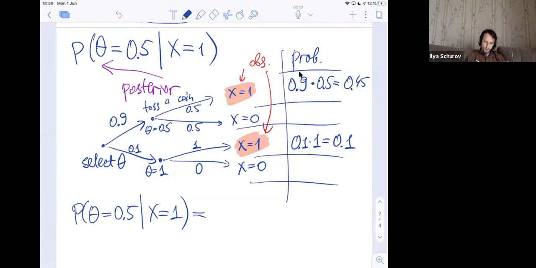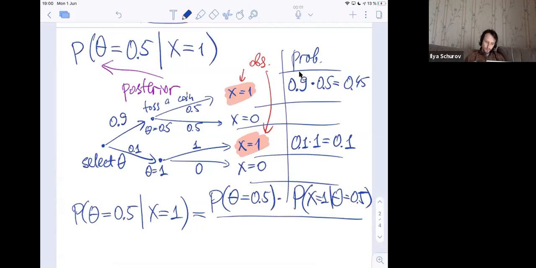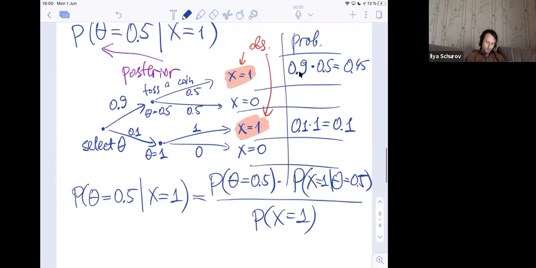So this is the probability that theta equals 0.5 times the probability that x equals 1, provided that theta equals 0.5, divided by the probability of x equals 1. So this is Bayes' rule.